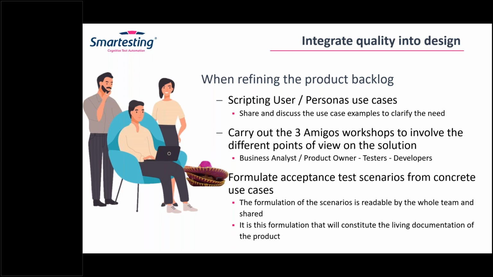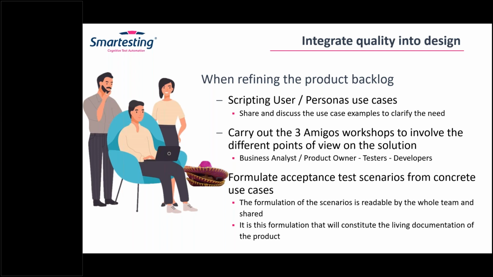The scripting of tests aims to strengthen the expression of need and the acceptance criteria through examples of use cases, and that becomes the acceptance tests themselves. Some key points to note here: the scripting of BDD and ATDD acceptance tests makes it possible to refine the expression of need in Agile in the form of testable examples. These acceptance test scenarios formalize what is expected of the software being refined and implemented, and they represent examples of the use of the software itself.